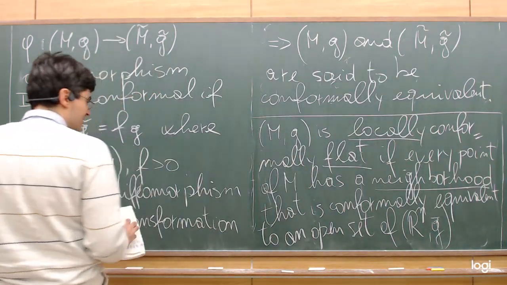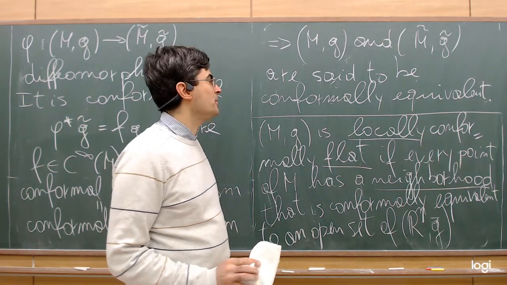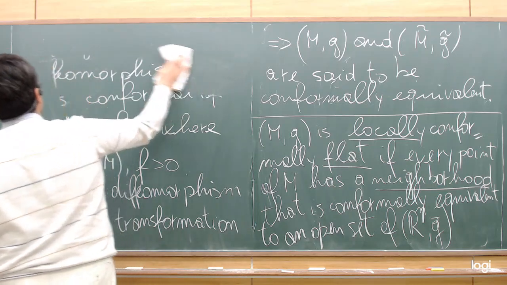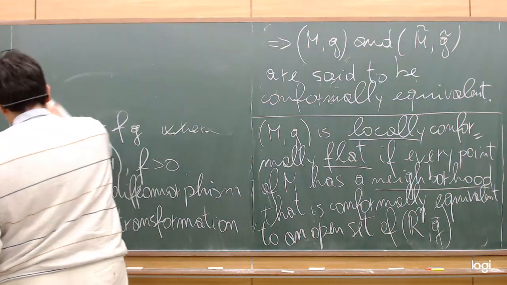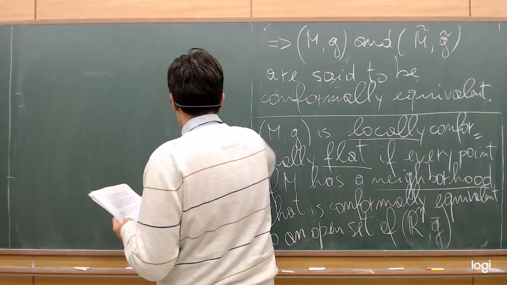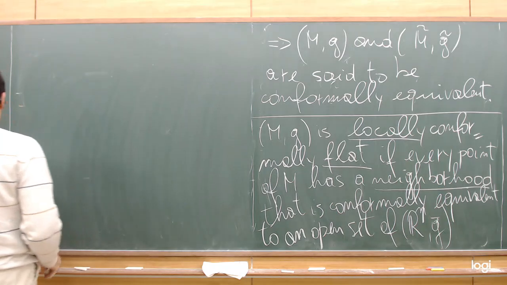Now, why did I say that I want to use the example of the sphere in order to present the notion of conformal map? The answer is the following.